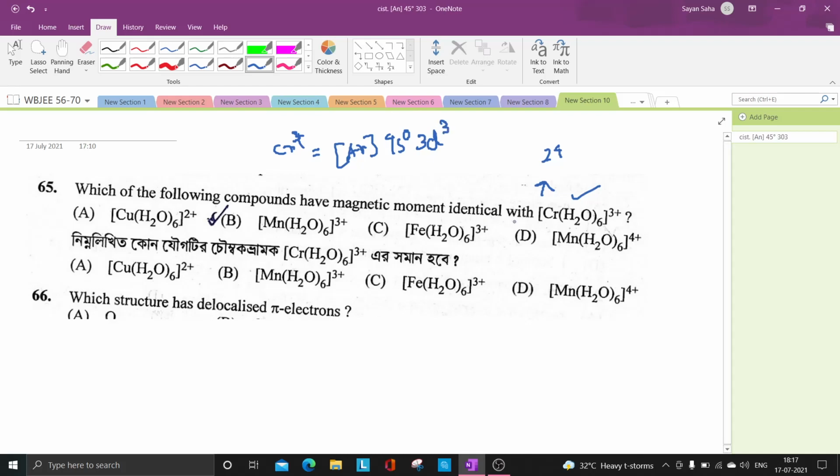So there will be 3 unpaired electrons in this one. So now let us find how many unpaired electrons are present in this one. Here the number of unpaired electrons present will be, I think, 2.